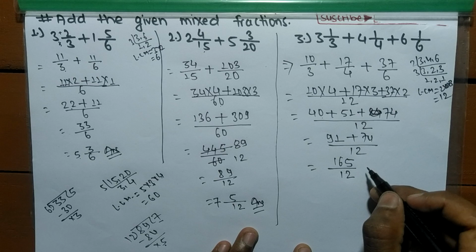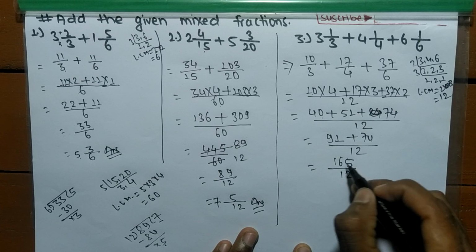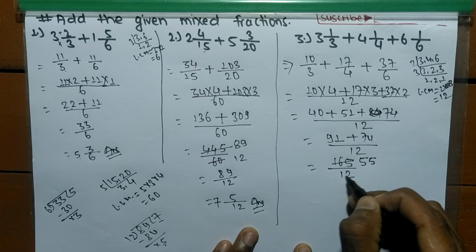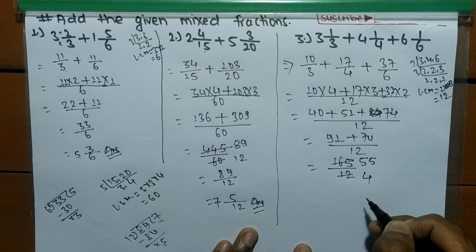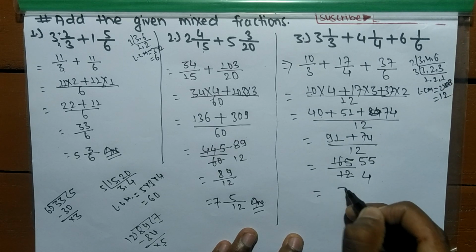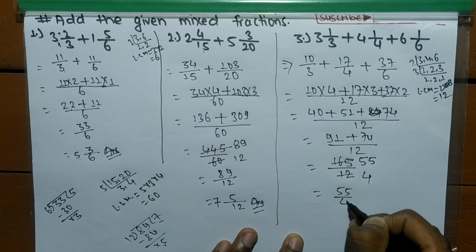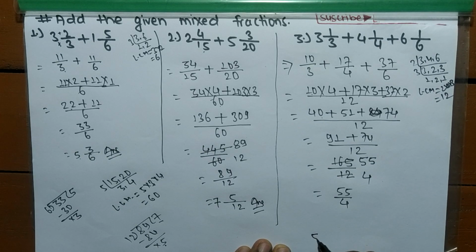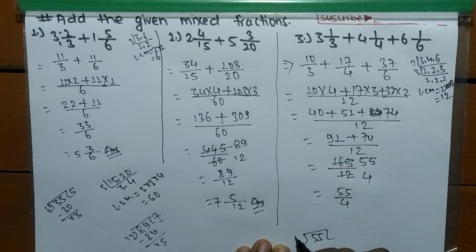So if we can cancel numbers, then we can cancel it. So it is 3 times 5 means 15, 3 times 4 means 12. So these both numbers are cancelled by 3. So now we got here 55 by 4. So now we have to convert it into a mixed fraction. So 55 is divided by 4.